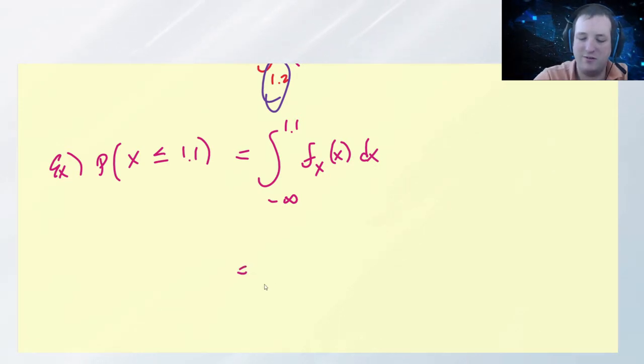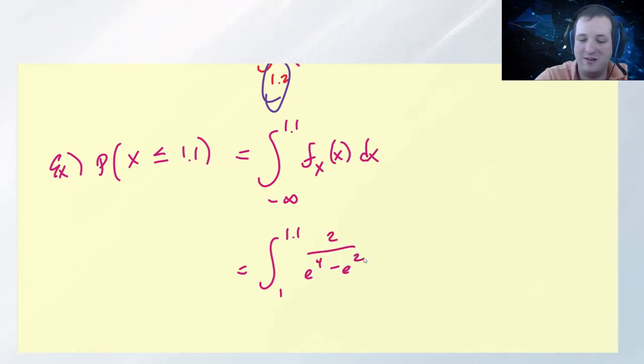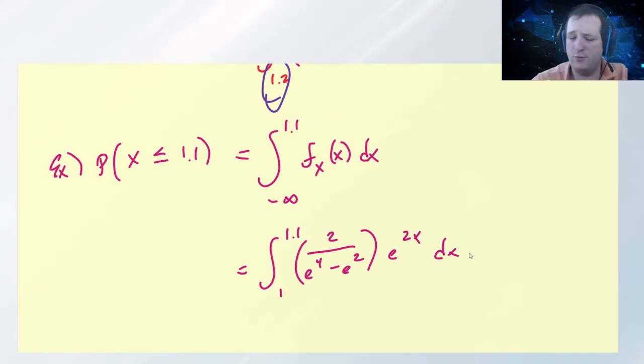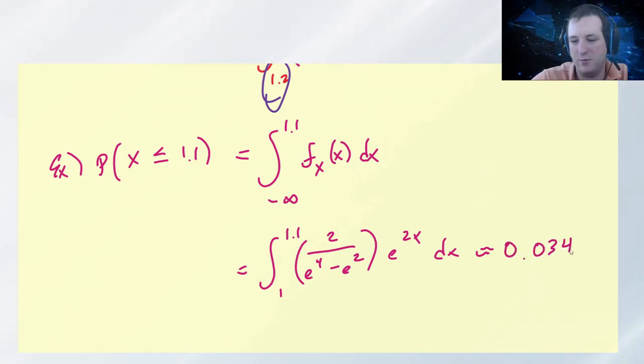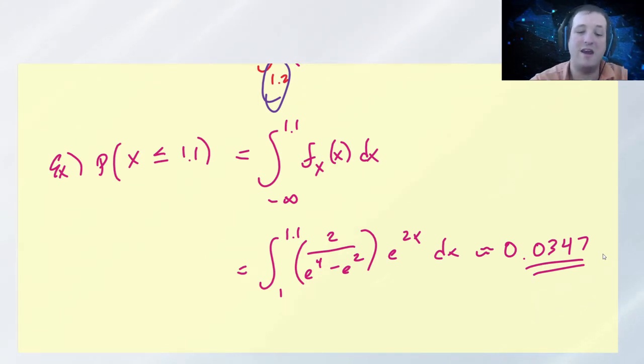So that means this integral is just going to be equal to the integral from 1 to 1.1 of 2 over e^4 minus e^2 times e^(2x) dx. And then you go through the normal integration process for that, and you're going to find that that area is approximately equal to 0.0347. So there's approximately a 3.5% chance that X is less than or equal to 1.1.